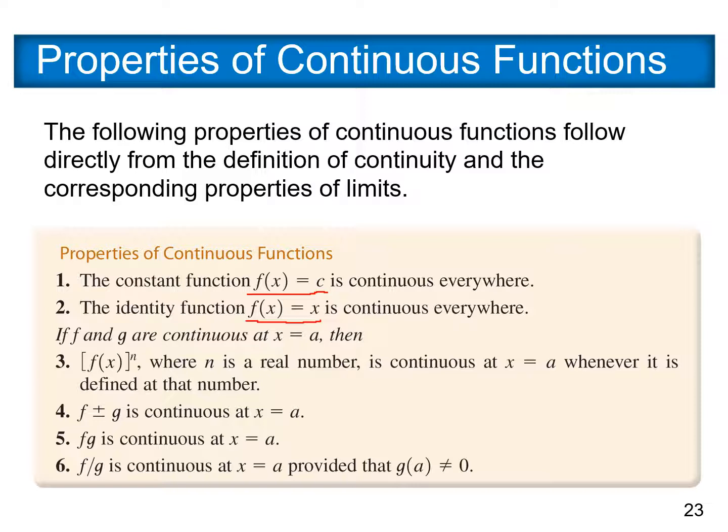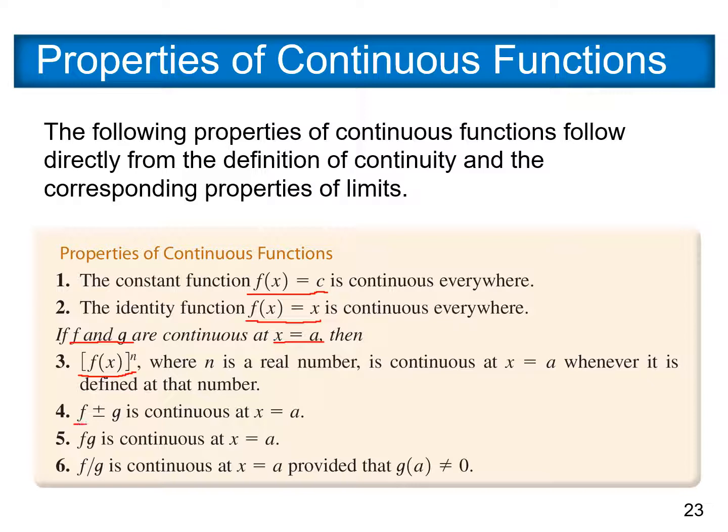But now, if f and g are continuous at x equals a, in other words, if you have two different functions and both of them are continuous at a specific point, then we can also learn a couple of things. The first one is, if you raise the function f to a certain power n, it will still be continuous at the point x equals a.